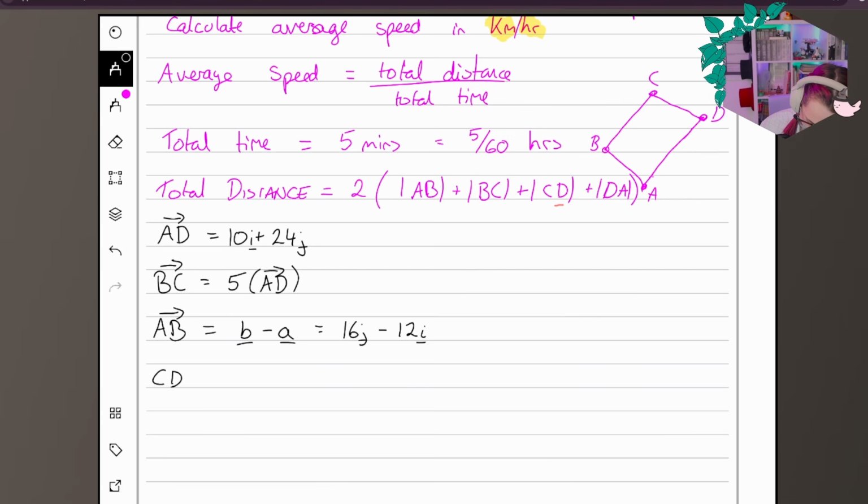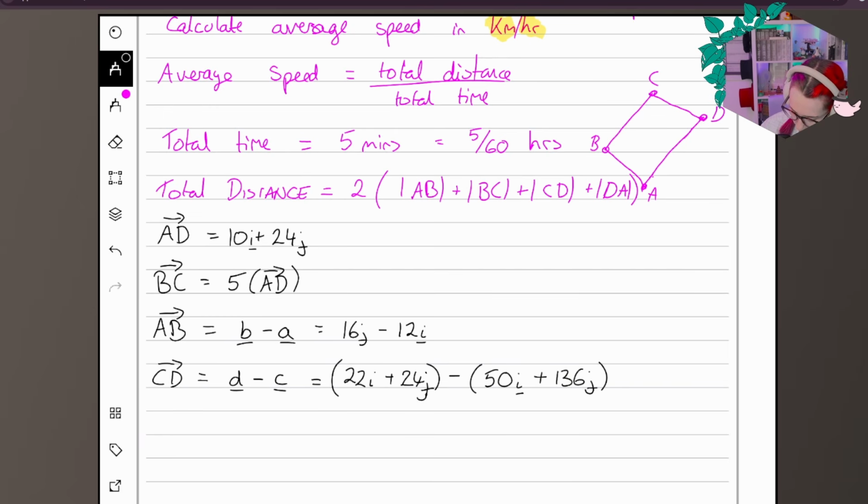Okay, so we've got AB, we've got BC, and CD is the last one. So that's D minus C. So D was 22i plus 24j. And C was minus 50i plus 136j.